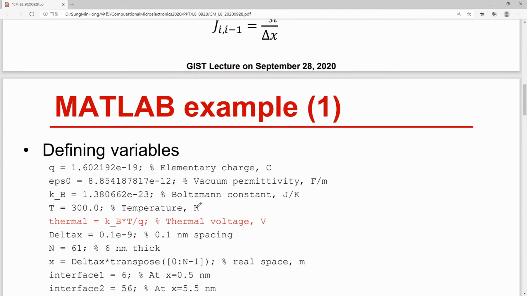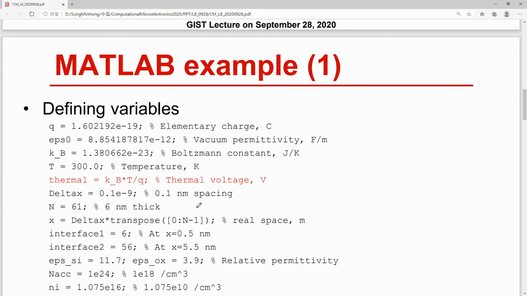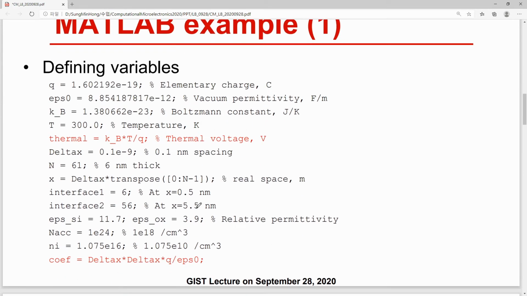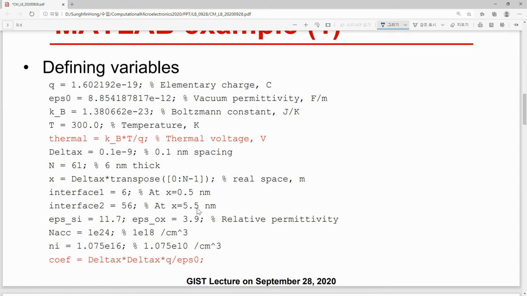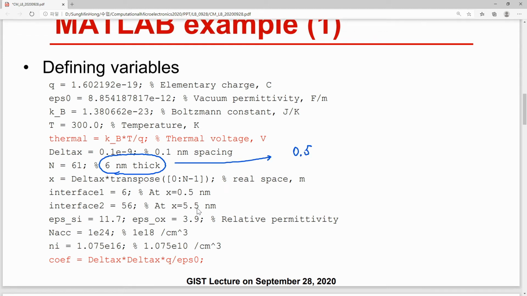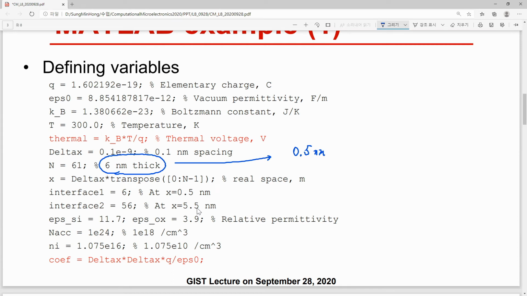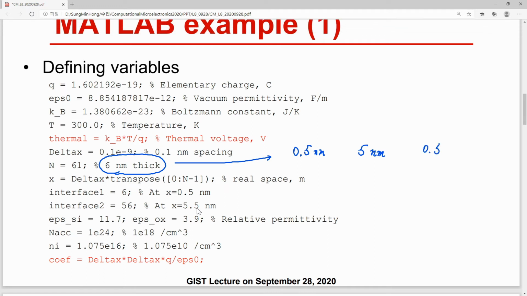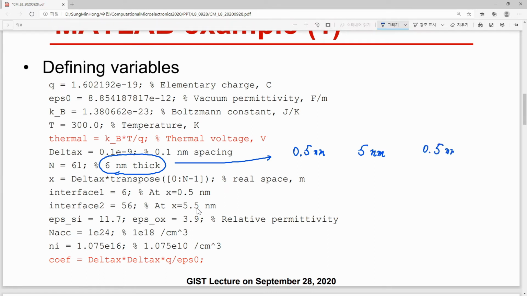The implementation is quite straightforward. So these are just defining variables, and here we have a 6 nanometer thick structure, which corresponds to 0.5 nanometer of one oxide, 5 nanometer thick silicon, and another 0.5 nanometer thick oxide.